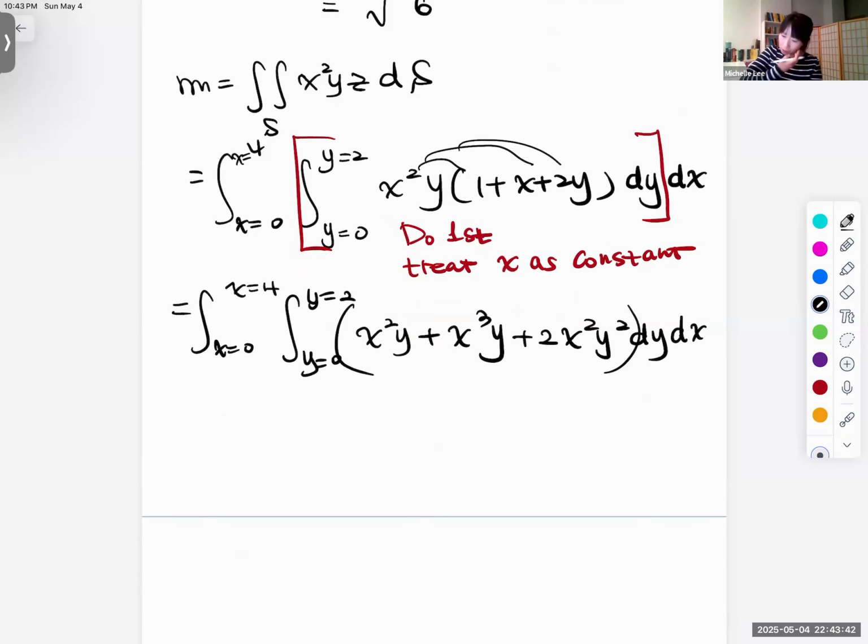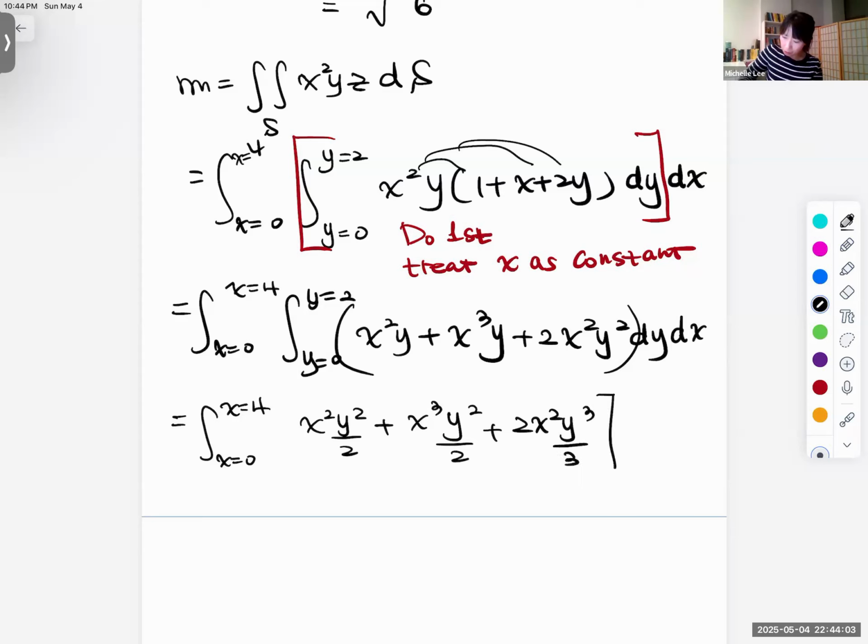Okay, so now we integrate with respect to y. So we have x squared y squared over 2 plus x to the third power y squared over 2 plus 2x squared y to the third power over 3. We want to evaluate from y equal to 0 to 2, dx.